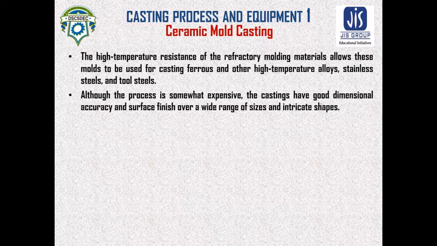Although this process is expensive, the castings have good dimensional accuracy and surface finish over a range of sizes and intricate shapes. So that's why ceramic mold casting is used.